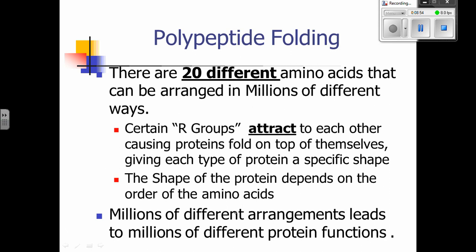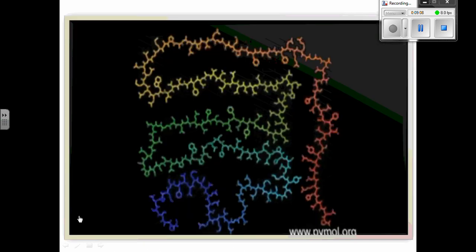So millions of different arrangements lead to millions of different protein functions. Very, very important. So if you have questions, this sometimes can be a little bit confusing. This is what questions you're going to want to ask me tomorrow in class.